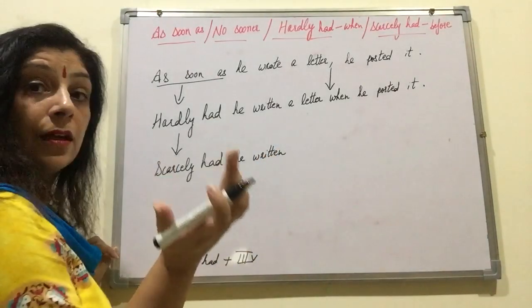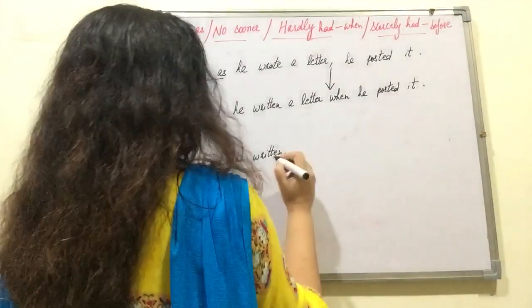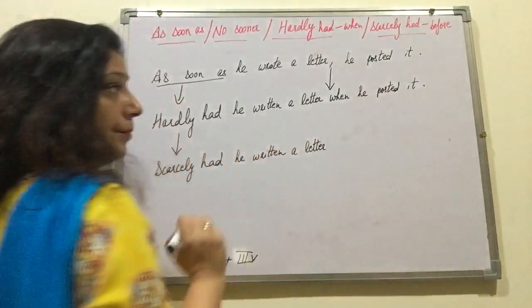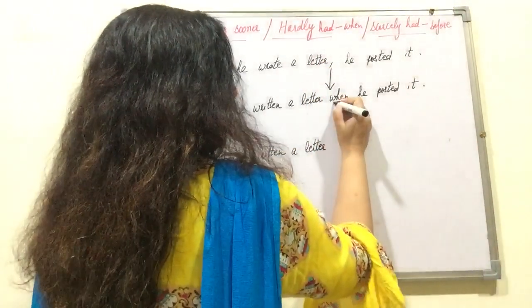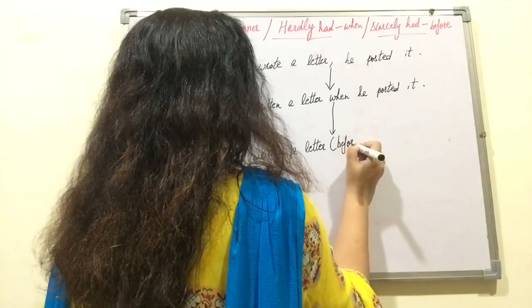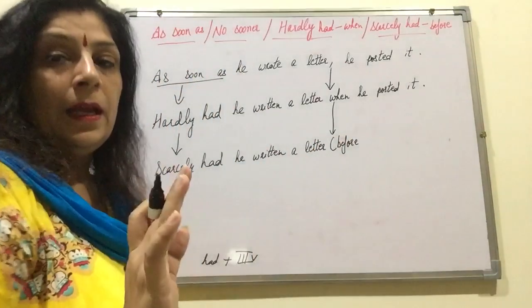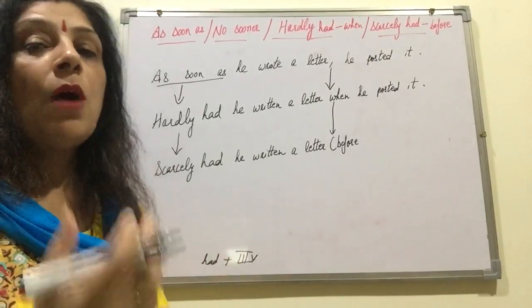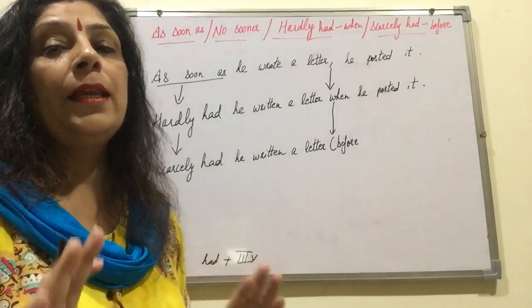Because had takes the third form. Scarcely had he written a letter. Now this comma or this when most of the times changes into the word before. But in a few books they have used the word when. So out of the two you can use any word.